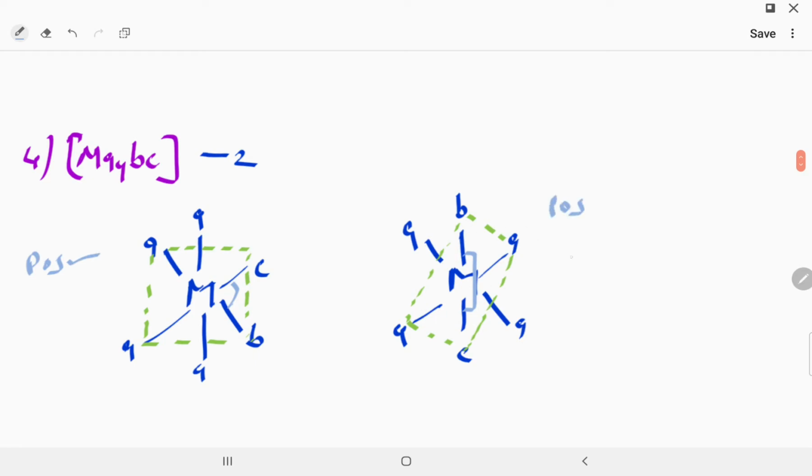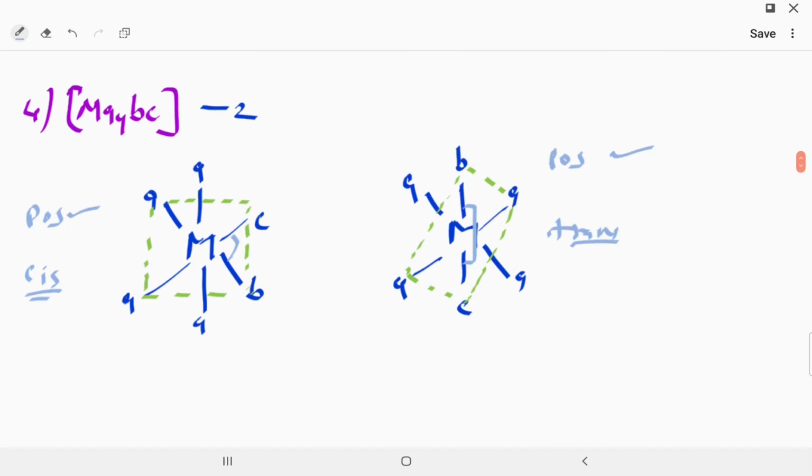In the trans, this is trans and this is cis. There is a POS plane. In this there is a POS plane. Also this green dotted line is a POS plane. In this you cut it into 2 equal halves. So it will show the two geometrical isomers. Okay, so we can say total stereoisomer is 2. Optical it does not show.